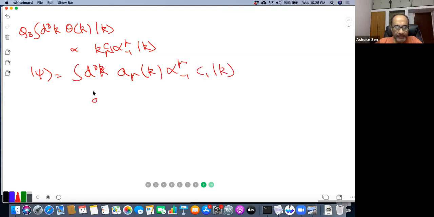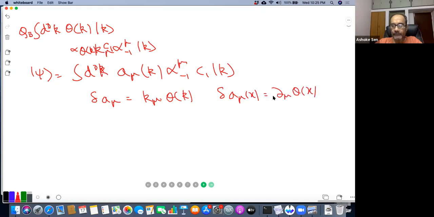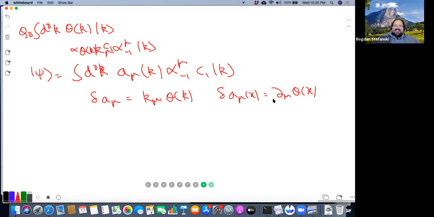Then this is giving delta a mu equal to k mu times theta of k. So this is precisely the momentum space version of delta a mu of x as del mu of theta of x, up to these factors of I. So that's the way the usual open string U1 gauge invariance comes out of this. Thanks. Is that okay?